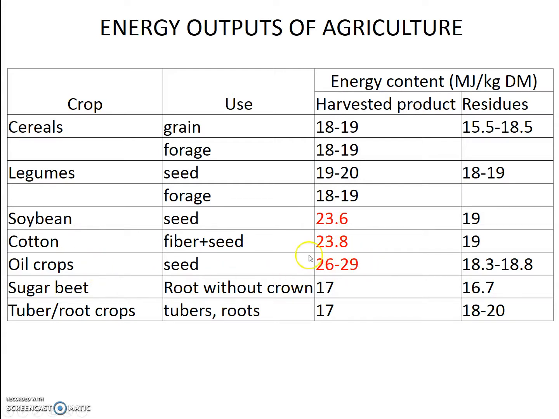With those we can come close to 30 megajoules per kilogram of dry matter. In the case of residues, we are typically between 15 and 20 megajoules per kilogram of dry matter. So, to compute the total output of energy from the system, we multiply this energy content by the amount of harvest that we have.